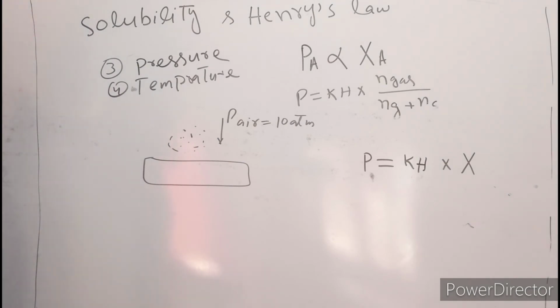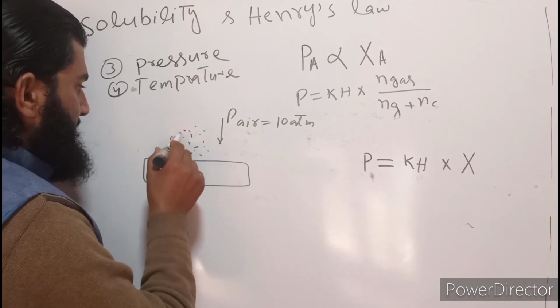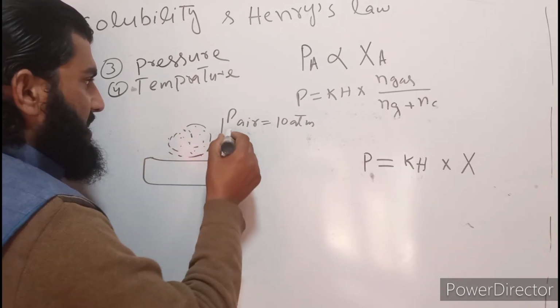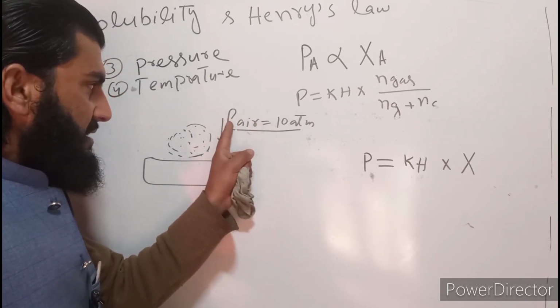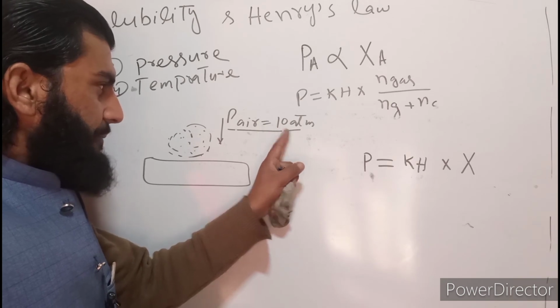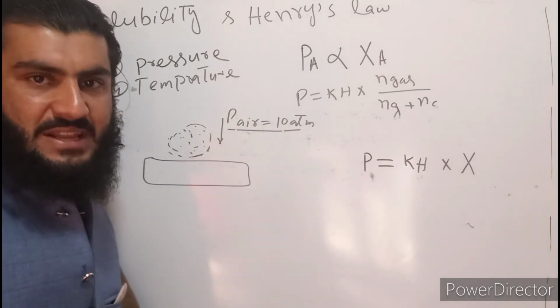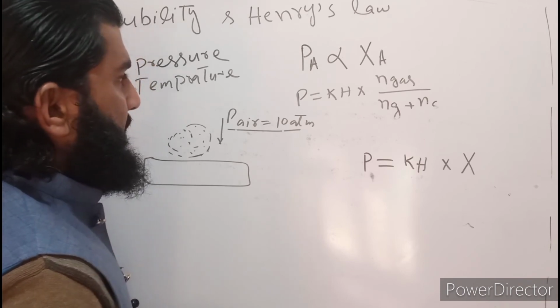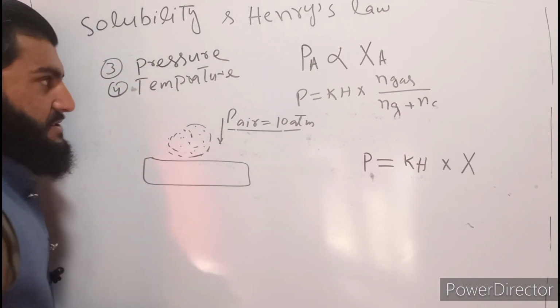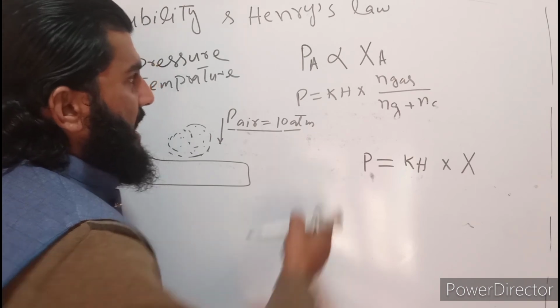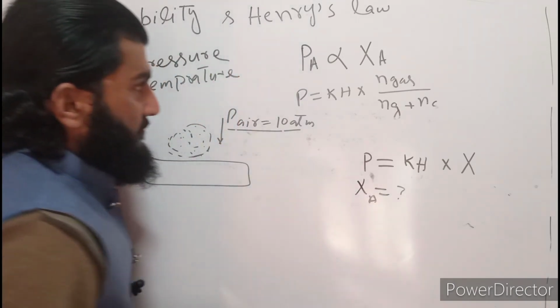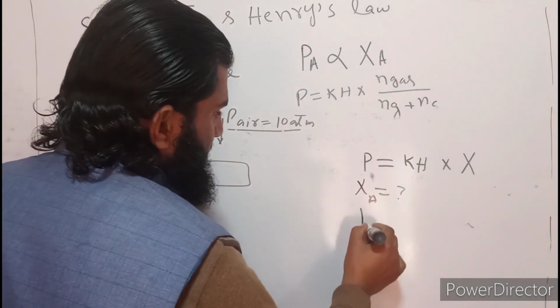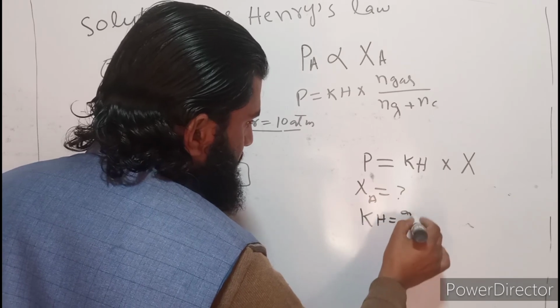So the examiner can ask, if the pressure of air above the liquid surface is 10 atmosphere, find the mole fraction x of gas in liquid if kh is also given.